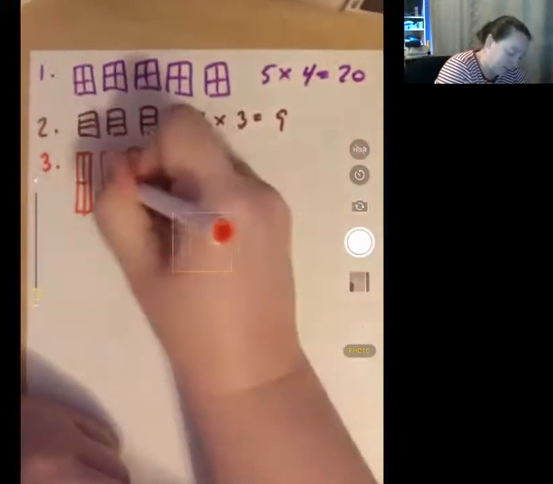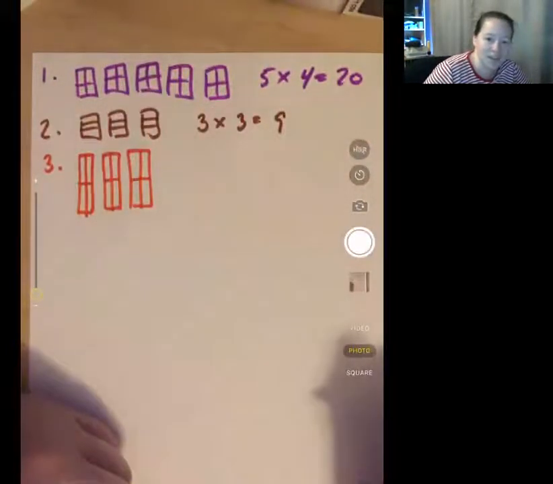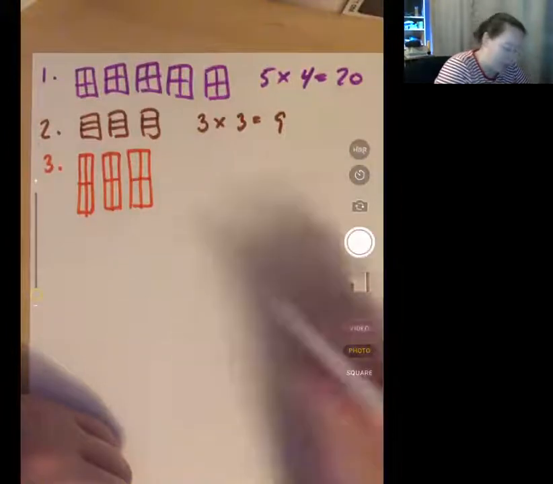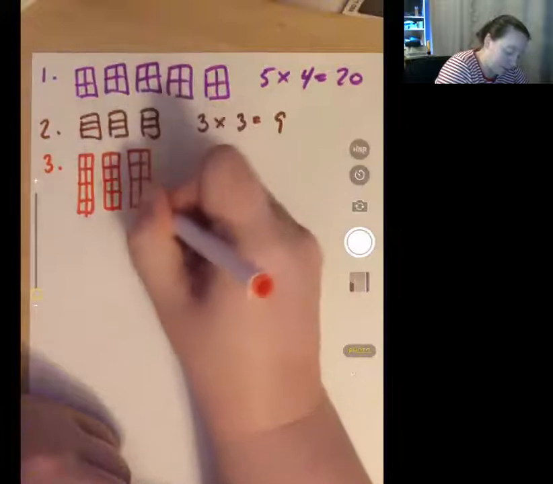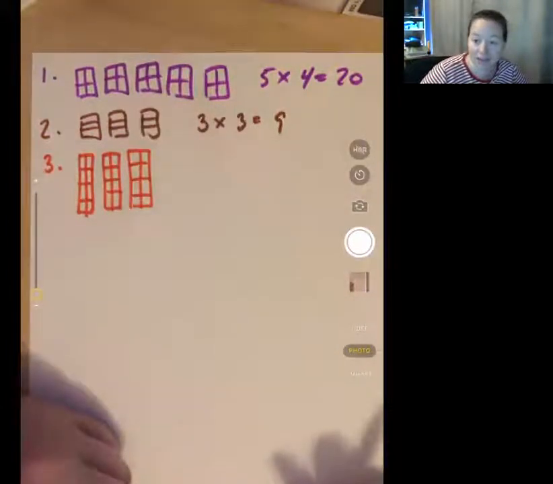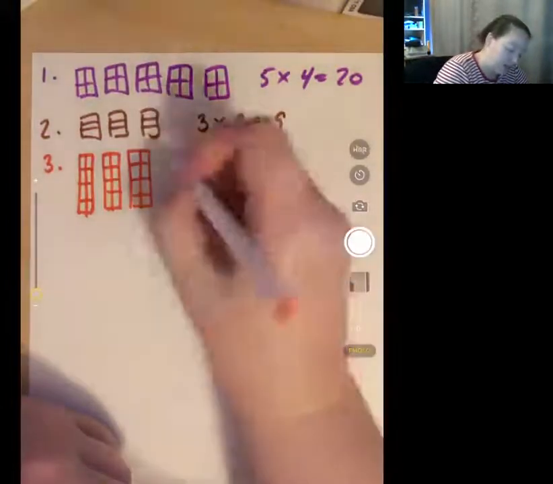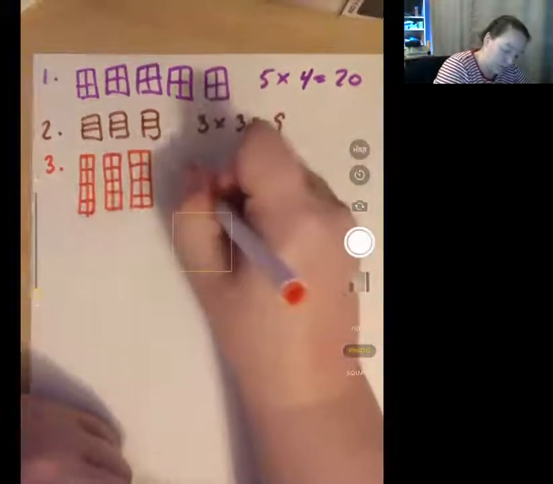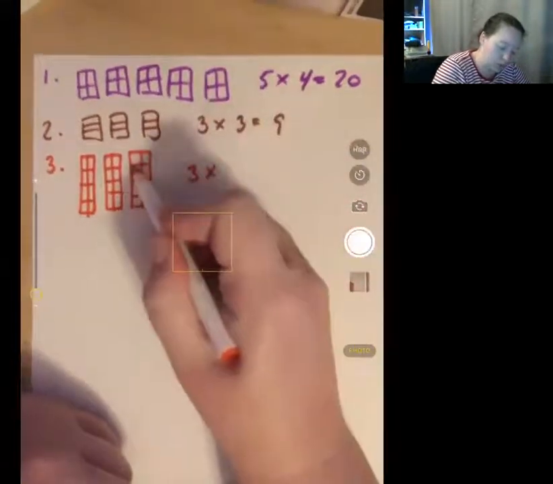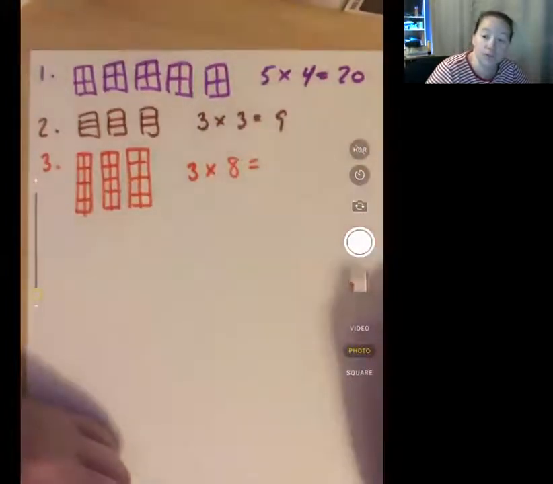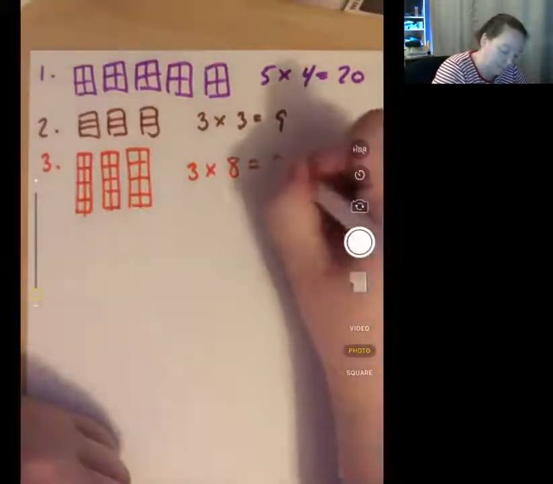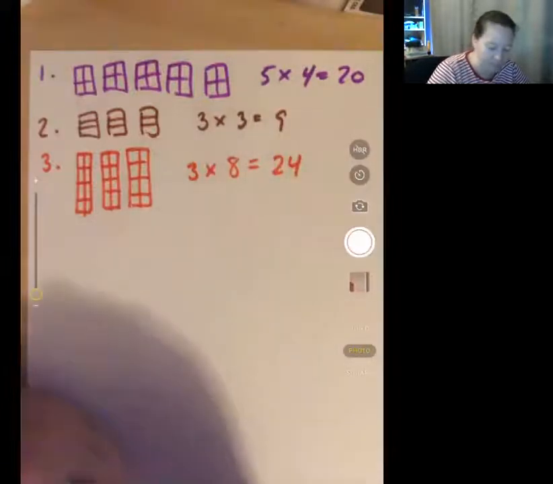And then I'm going to cut in half again that way. I have my windows again. Then I'm going to cut the top and the bottom, top, bottom, top, bottom. That's how I make it look like 8ths. Okay, so I have 3 times 8 is equal to 24.